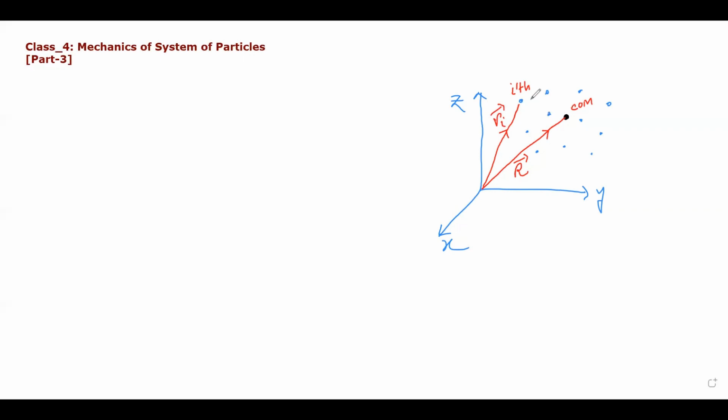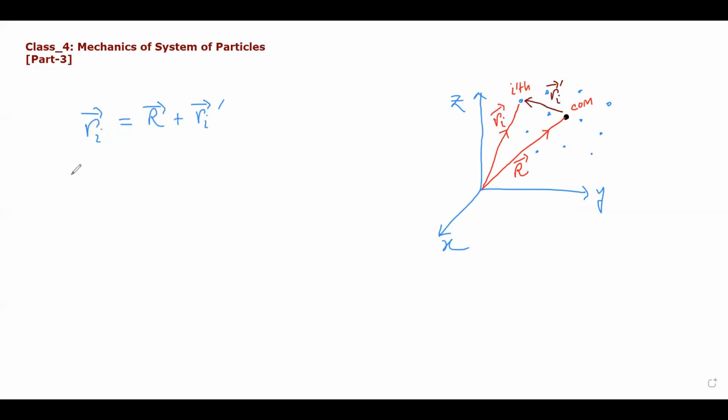Then the position of the ith particle with respect to the center of mass, let's say that is given by Ri prime. Using the triangle law of addition of vectors, we can write that Ri is equal to R plus Ri prime.